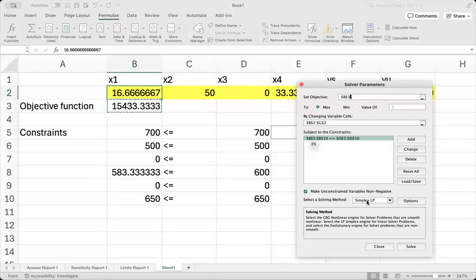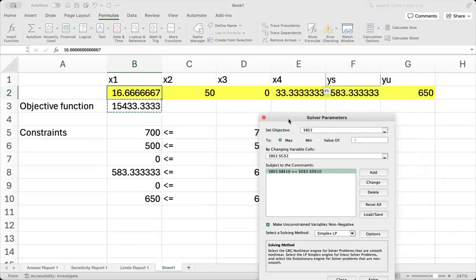And one more thing. When you look at the result we obtain, you see that x1 is 16.66, x2 is 50 and x4 is 33.33.